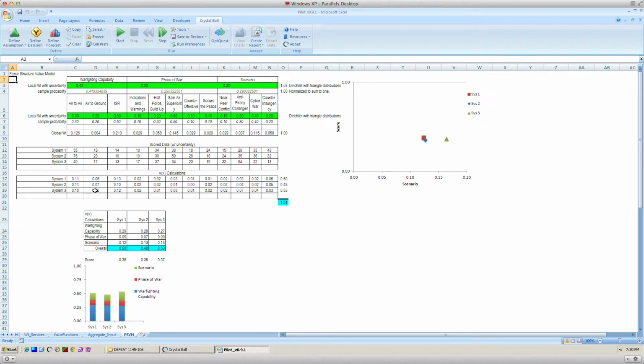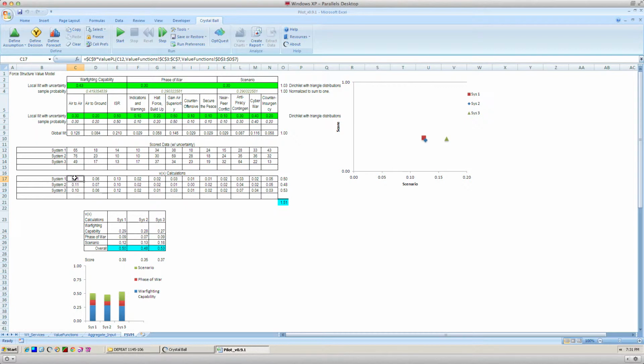So for example, I'll just highlight a cell here. This 65 is a raw score for air-to-air. Just so happens that 65 is an actual measure, which is the number of aircraft destroyed air-to-air. But down here, it's been transformed into value.